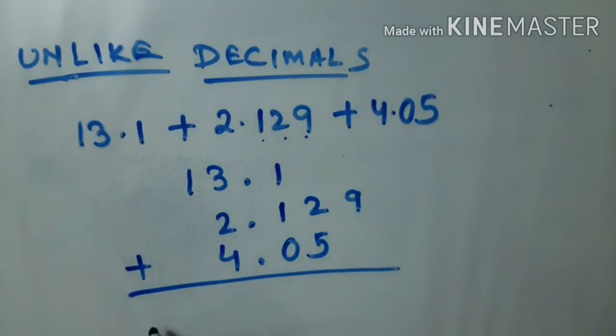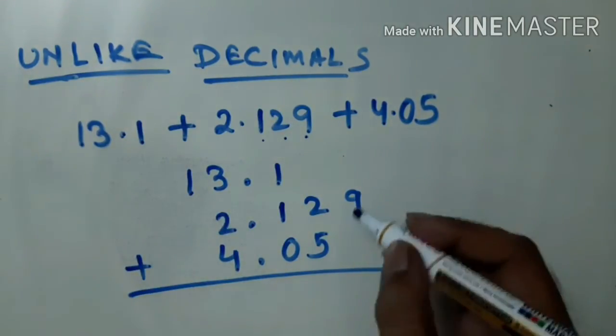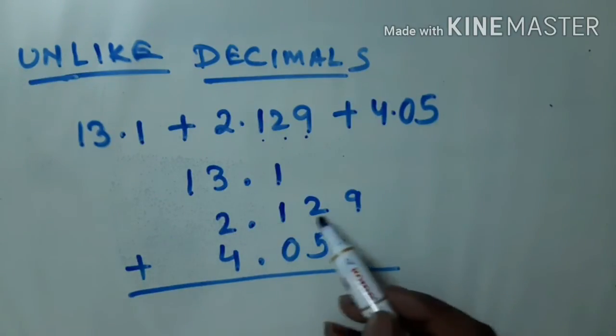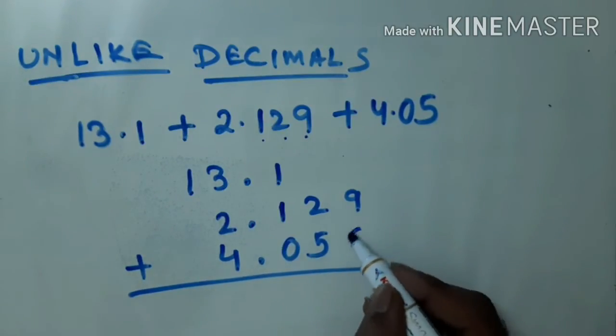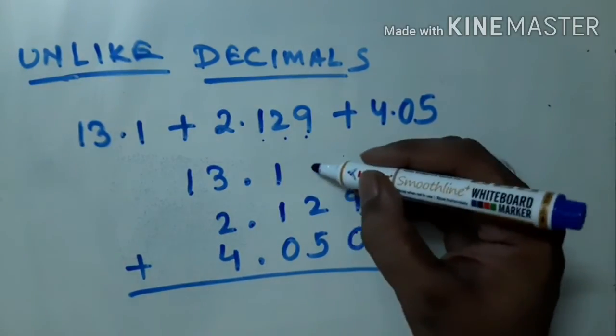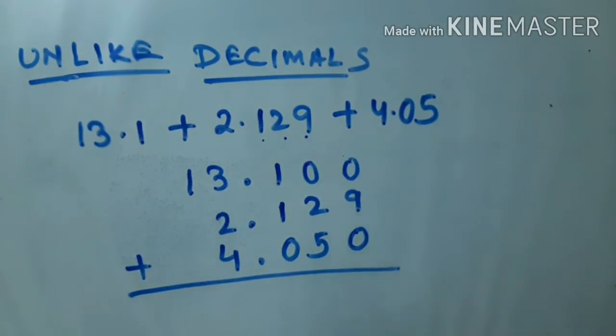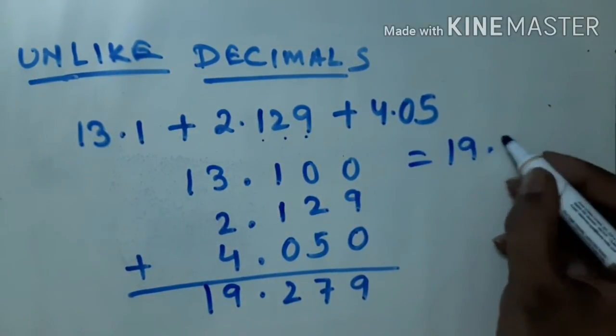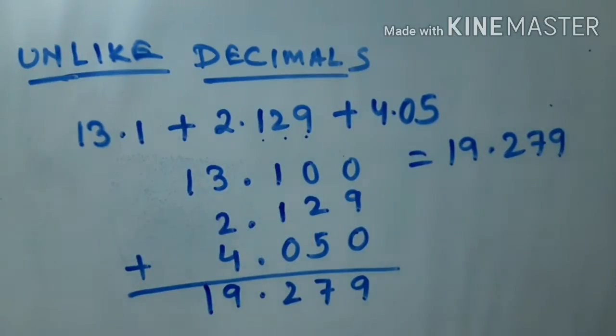Then you can add it, but here we have arranged unlike decimals, so we have to convert them into like decimals now. The highest is 3 places, so everyone should have 3 places, so we can just keep on adding zeros such that all are having the same number of places. Then we can add it as we are doing for like decimals. So what we get? 19.279.